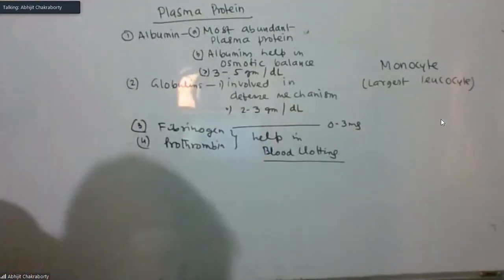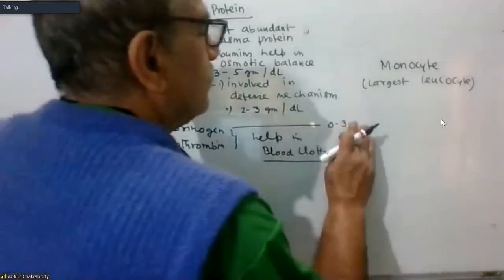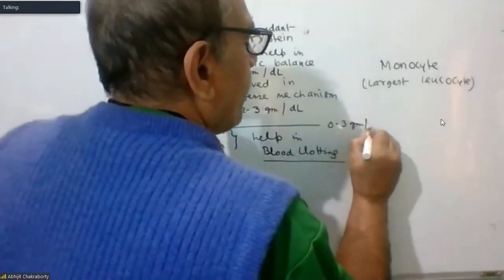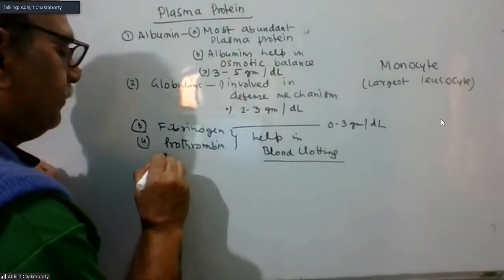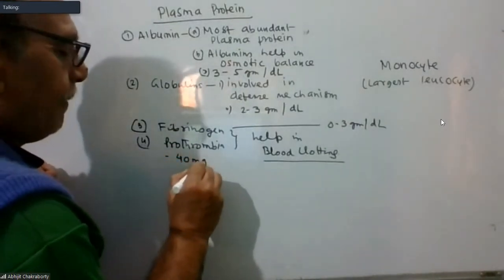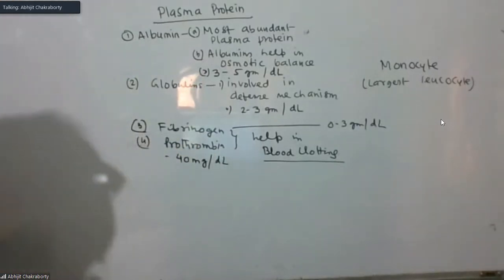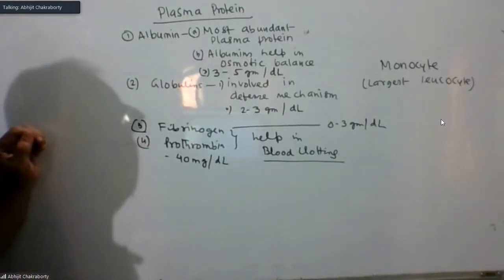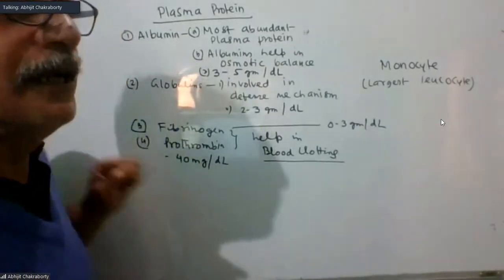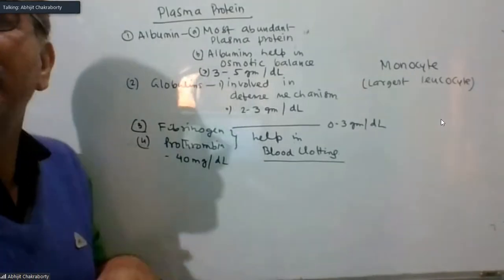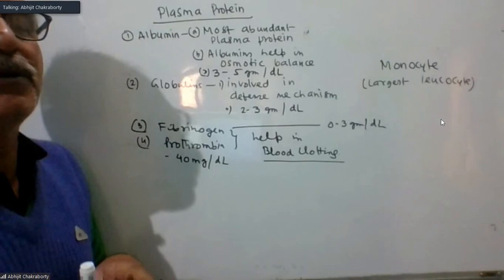The amount of fibrinogen is less, 0.3 gram per deciliter, and in case of prothrombin it is 40 milligram per deciliter. So fibrinogen and prothrombin are involved when blood clotting is required. Sometimes bleeding starts due to any reason, and then the blood is required to be coagulated.